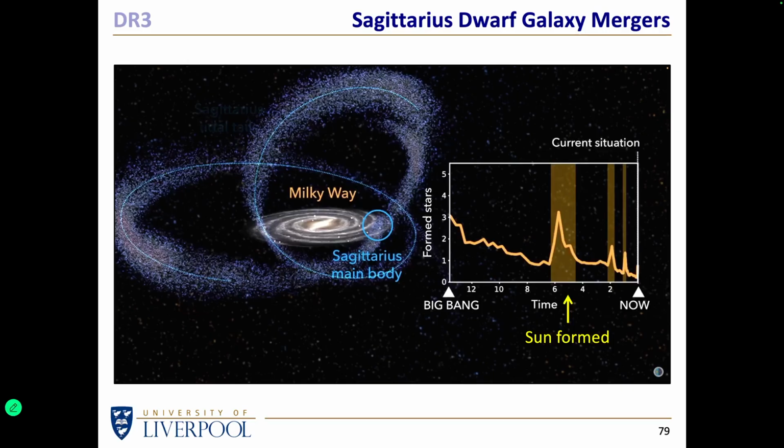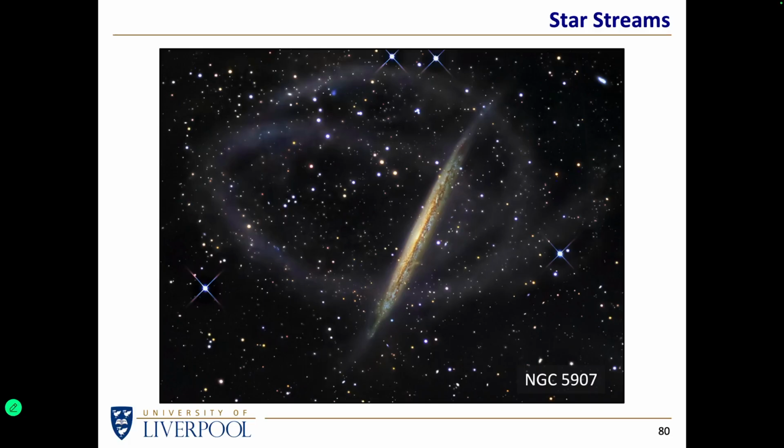So it is possible that the triggering that produced the formation of our sun and hence our solar system was the result of the interaction of the Sagittarius dwarf galaxy coming close to the edge of the Milky Way some 5 or 6 billion years ago. So it's a bit of a stretch to say we owe our existence to the Sagittarius dwarf galaxy, but it's interesting to note that that is a quite plausible explanation for why the sun exists.